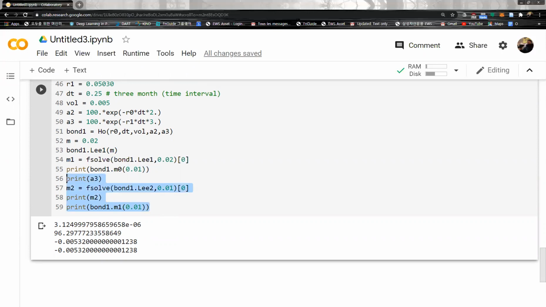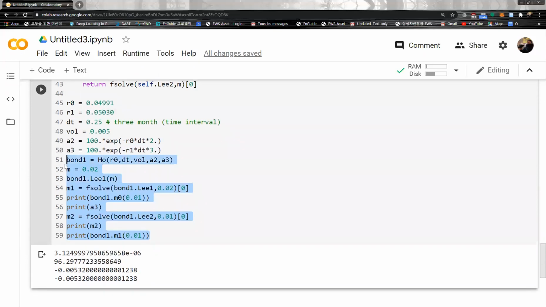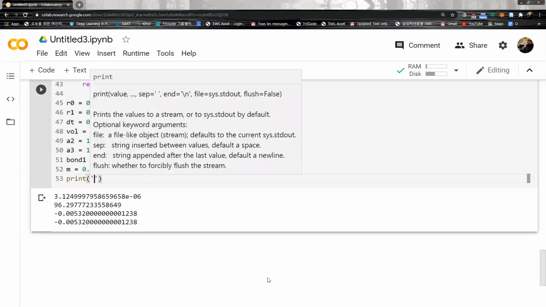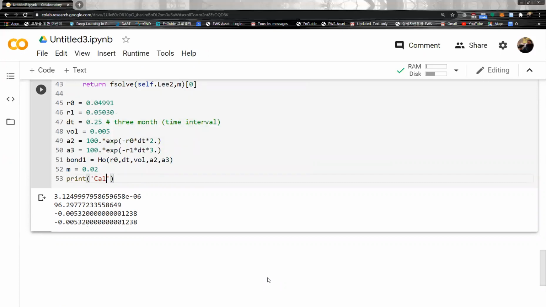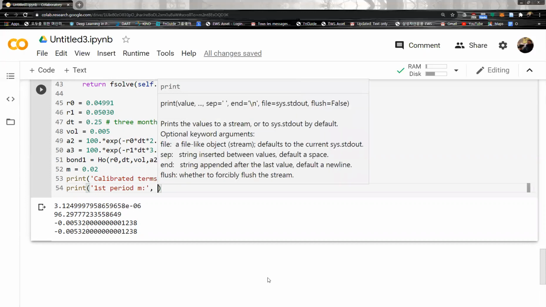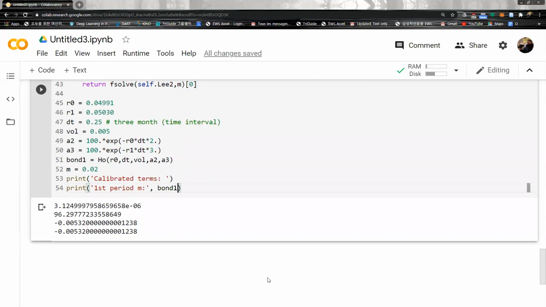Too many prints. So M1, M2, bond 1, bond 2, M. Okay. Let's delete everything over here. And then print calibrated terms. So print first period M is basically bond 1.